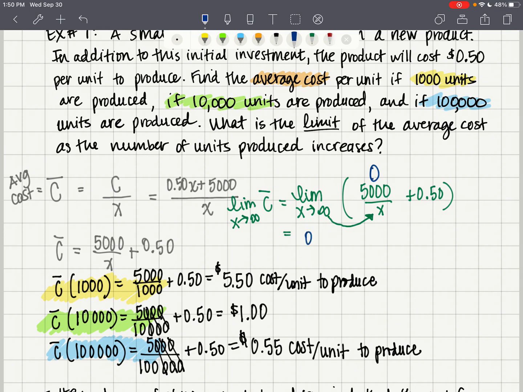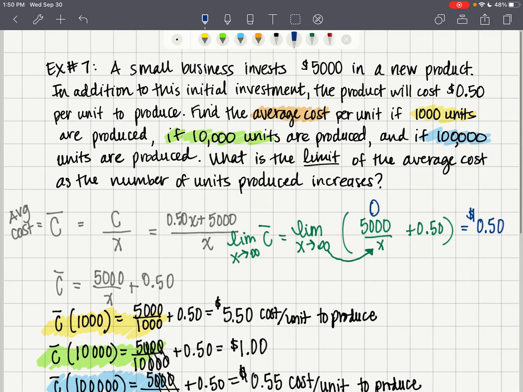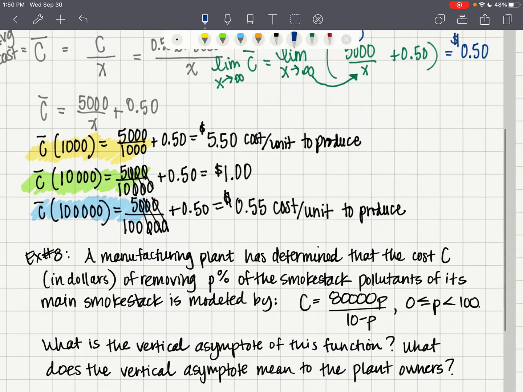So our limit as x approaches infinity, I'm going to write this all on the same line, is equal to 50 cents. Eventually, the cost to produce this 5,000 divided by x, that portion of the cost is going to end up becoming negligible.